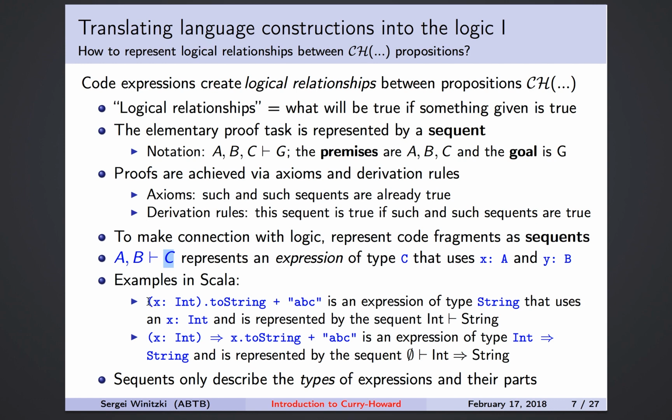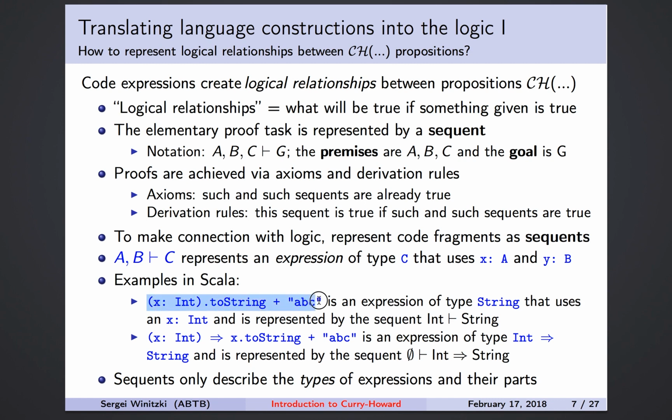If we consider this expression where I added the type for clarity, in Scala you don't necessarily have to do this. So we compute the string representation of some integer and we append the string ABC to it, just as an example.